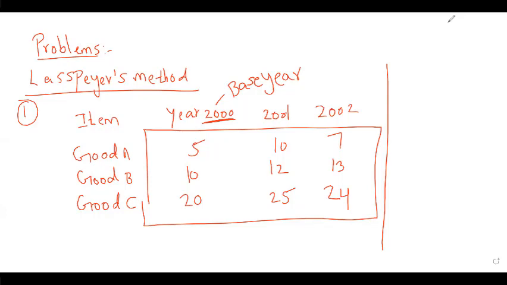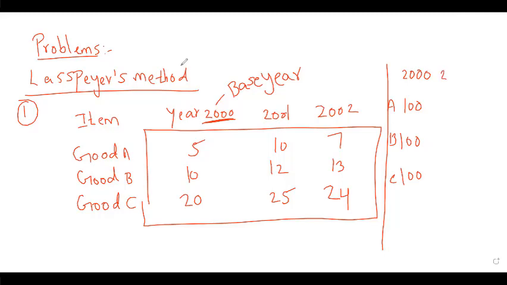We need to find out. I will take year 2000 and take everything as 100%. Goods A, B, C, all I will take as 100%. If it is less than 100, it is a decrease. If it is more than 100, it has increased.